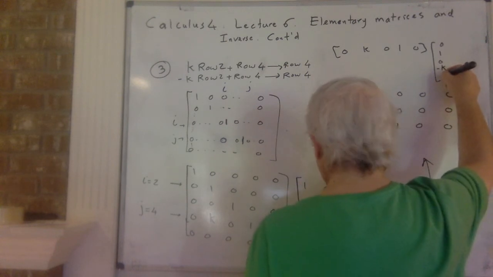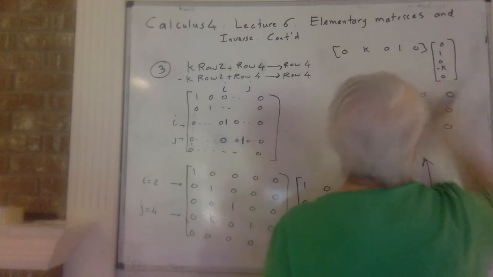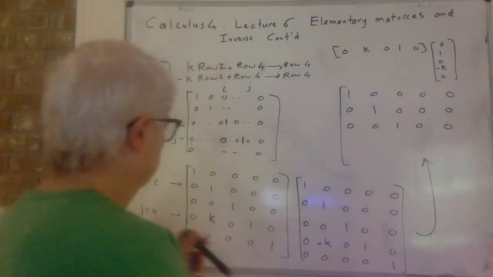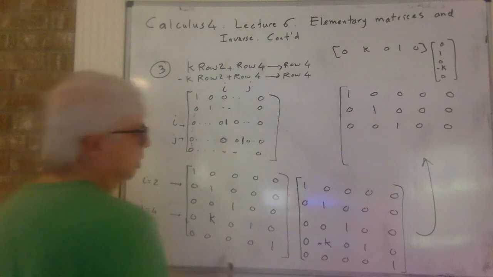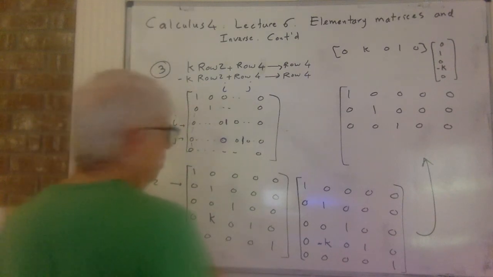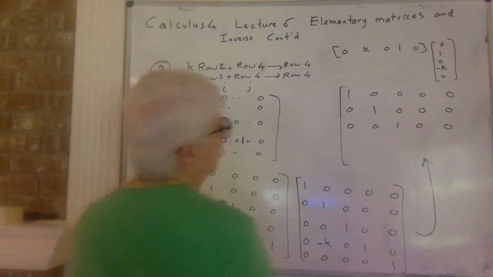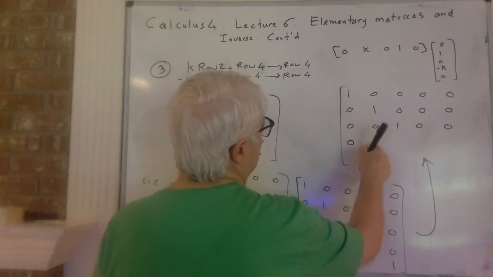Yes, that's right. So this multiplied by this will give me, the first one is definitely 0, so I want to see what happens here.